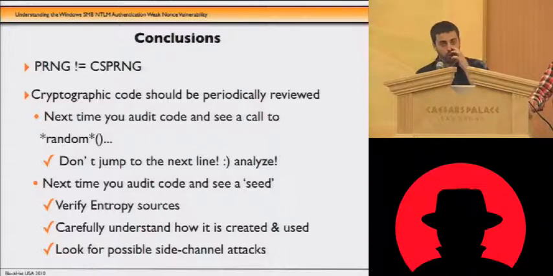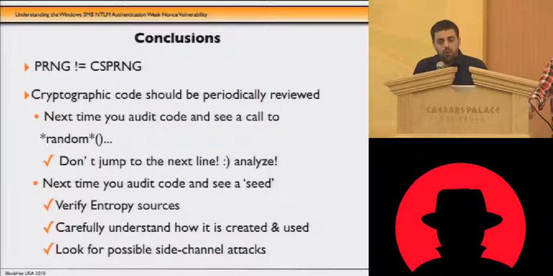And the other thing is that since this flaw has been in the code for so long, one thing you have to keep in mind when you are reviewing code that generates random or pseudo-random numbers, or that implements protocols similar to this one, is that if you are auditing the code and you see a call to some random function, don't expect that function to return the kind of random that you need.